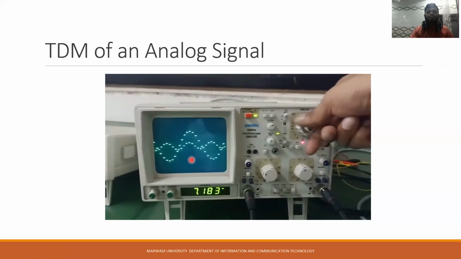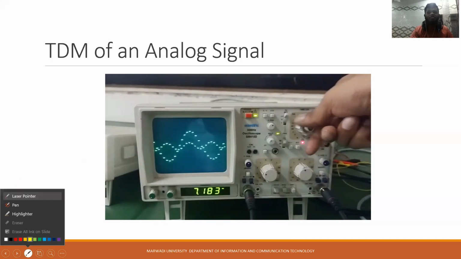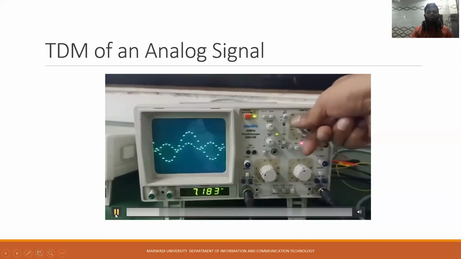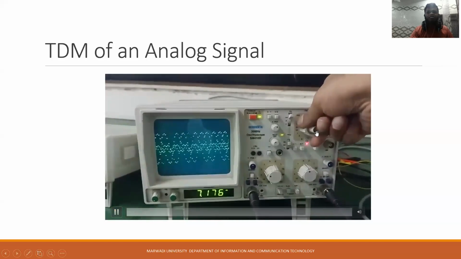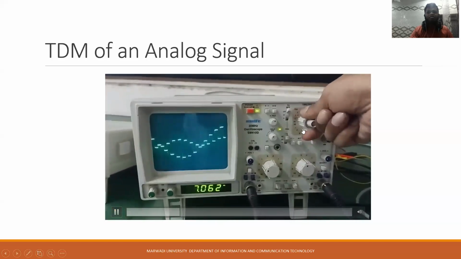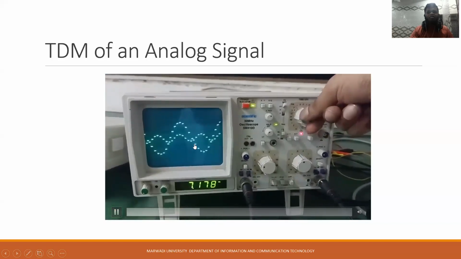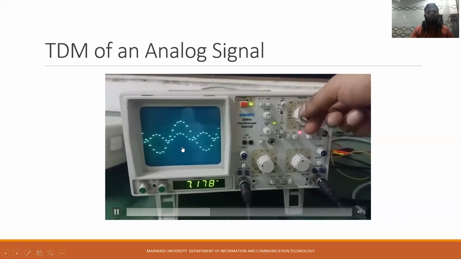So even though we are taking only one output line, we are getting two signals. That means we have multiplexed two signals together and sent them over a common transmission cable. This is a time knob, and by adjusting it we can see the signals at different levels.